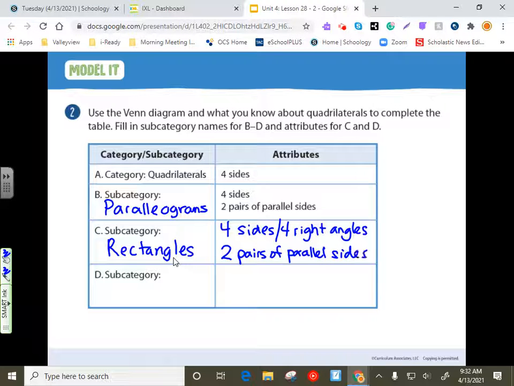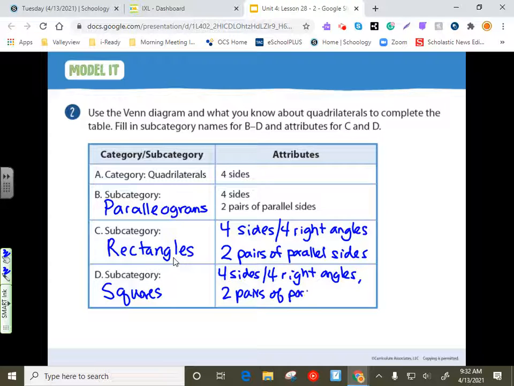And then the most specific subcategory are squares. And that's four sides, four right angles, two pairs of parallel sides. And underneath here, if you ran out of space, is four sides are equal length.